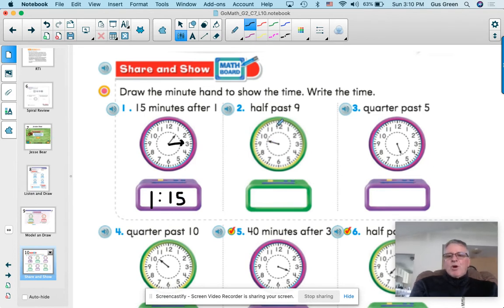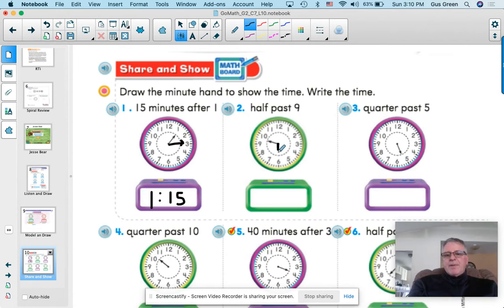Okay, let's try a couple more. Now this one says 9:30 o'clock. So we can tell the hour hand is already written for you, but it's right in between the 9 and the 10 because it's halfway past 9, or halfway to 10. So half of an hour is 30 minutes. So if we do that same rule where every one of these numbers counts as 5 minutes, let's count up to 30 minutes. So it'd be 5, 10, 15, 20, 25, 30.